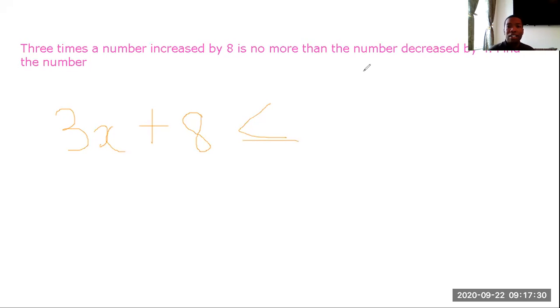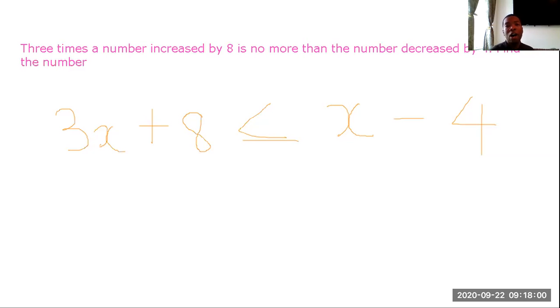It's no more than that same number right here, decreased, which is minus, by 4. Do we see how we end up getting this one right here? So 3 times a number increased by 8 is no more than the number decreased by 4.